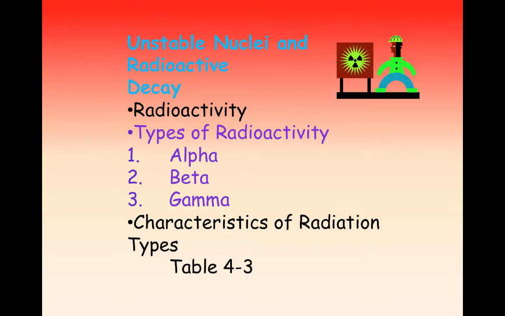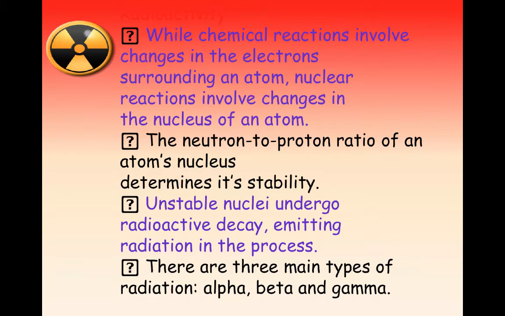When we talk about radioactivity, there are actually three main types: alpha, beta, and gamma. While chemical reactions involve changes in the electrons surrounding the atom, remember that nuclear reactions involve changes in the nucleus. So again, the number of protons and neutrons are going to change.